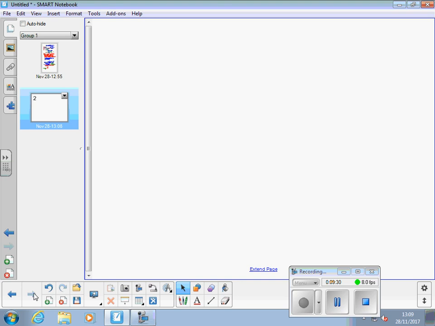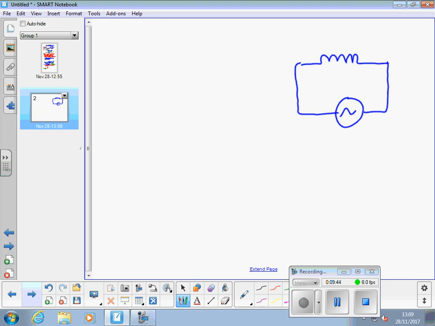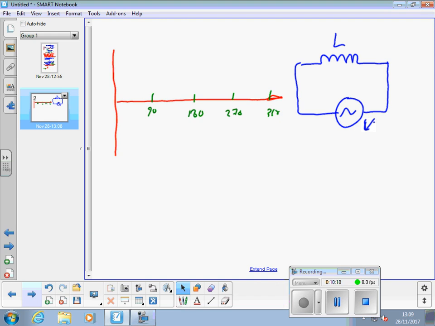Moving on. If we had a circuit that only had inductance L and an AC sine wave voltage applied, if we do the same thing and put that on a sine wave diagram, I need to mark 90, 180, 270 and 360 degrees to help me draw my waveforms.